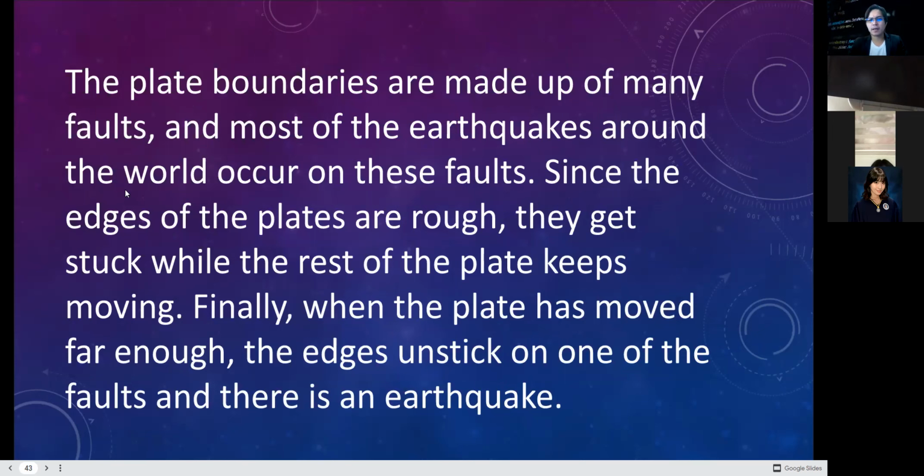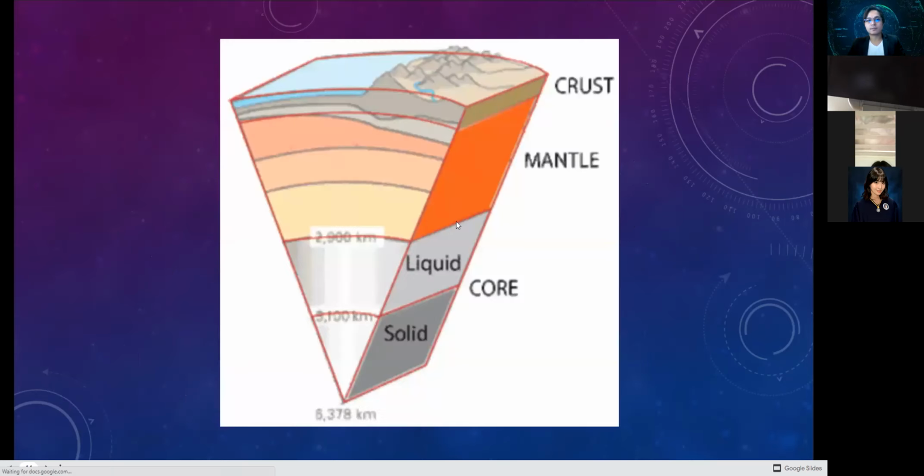Since the edges of the plates are rough, they get stuck while the rest of the plates keep moving. Finally, the plates have moved far enough and the edges unstick on one of the faults, and there is an earthquake. So if there is bumping, sliding, what else? Moving of plates actually creates earthquakes.